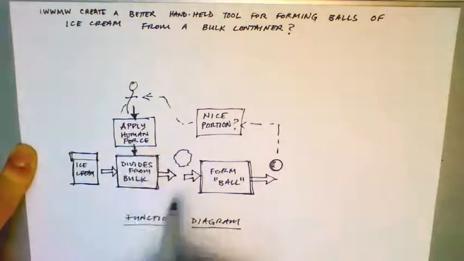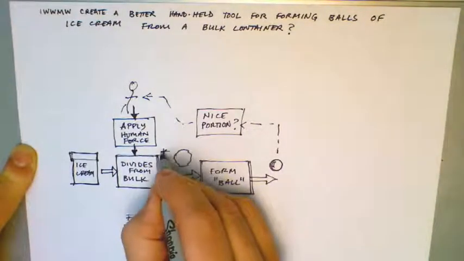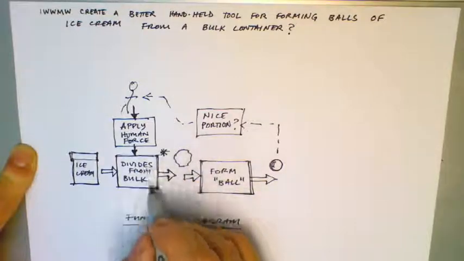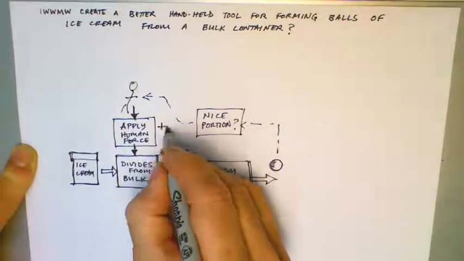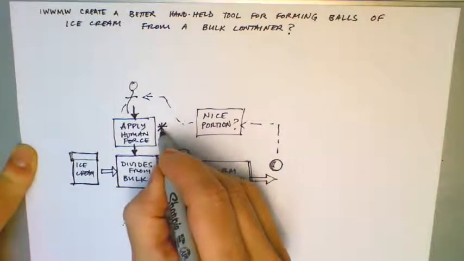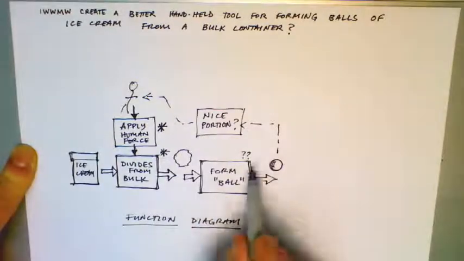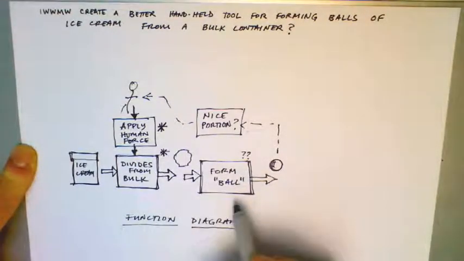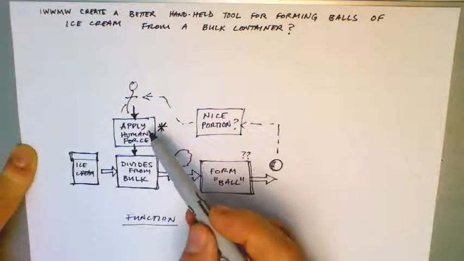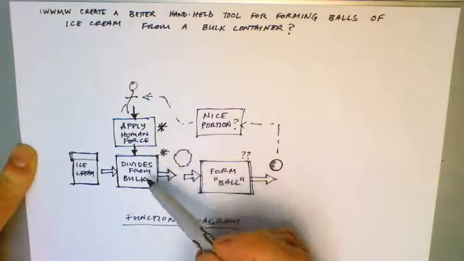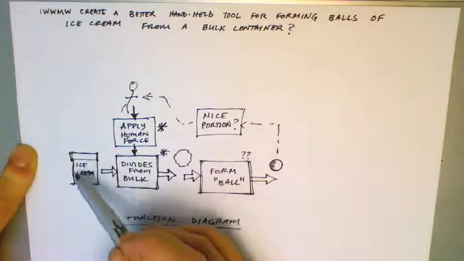And as I look at this, I think the obvious ones are clearly the way in which the scoop divides from bulk is going to be critical. It's going to be critical to think about the application of human power, and maybe there's some interesting things that could be done as a result of focusing on the forming of the ball. But I think for now, I'm going to focus on these two, the application of human power and the dividing of a portion of ice cream from bulk.